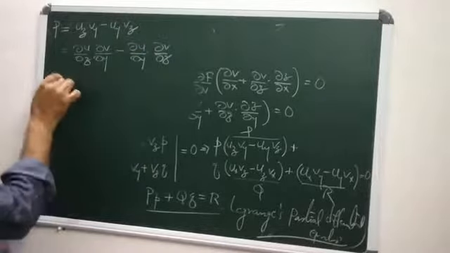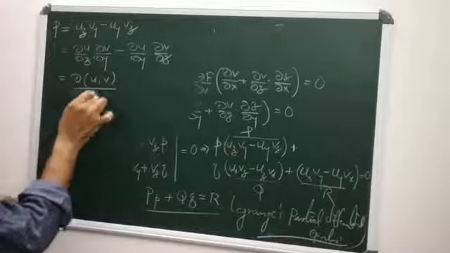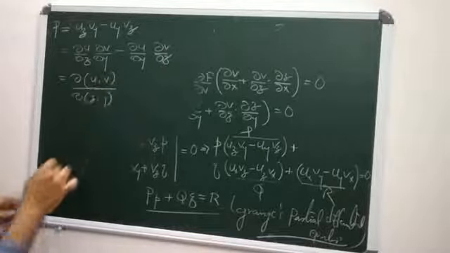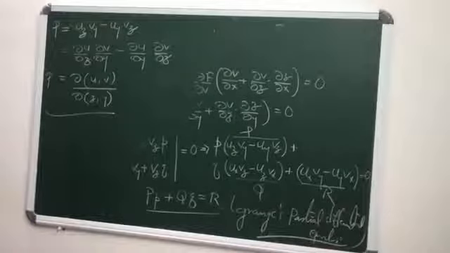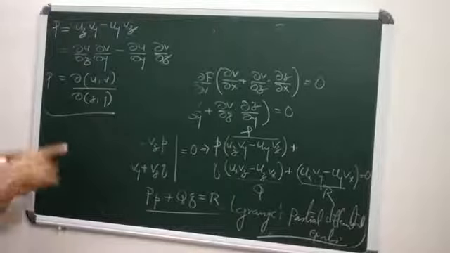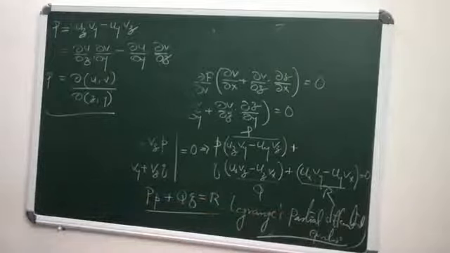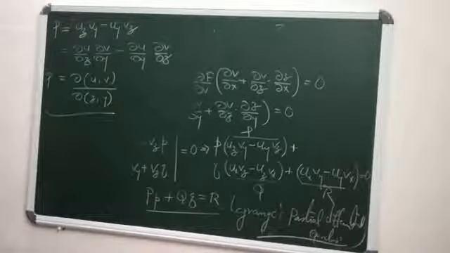That is the Jacobian of u, v by y, z. The Jacobian of del u, v by del x, y is ux vy minus vx uy. Here this P is del(u,v) by del(z,y).